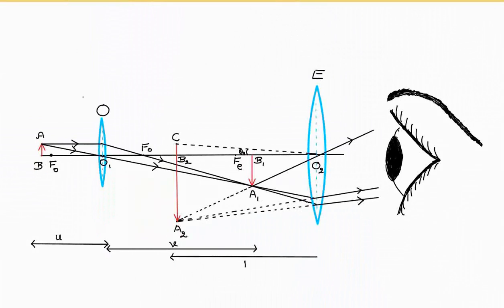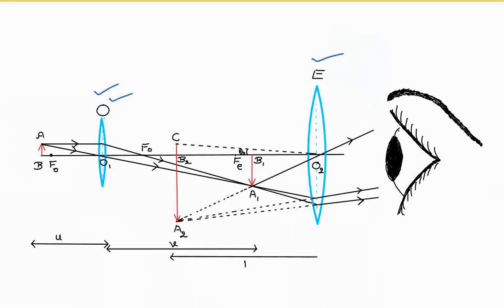As we already discussed, in a compound microscope there are two lenses, both are convex lenses. The convex lens which faces the object to be viewed is called the objective lens.